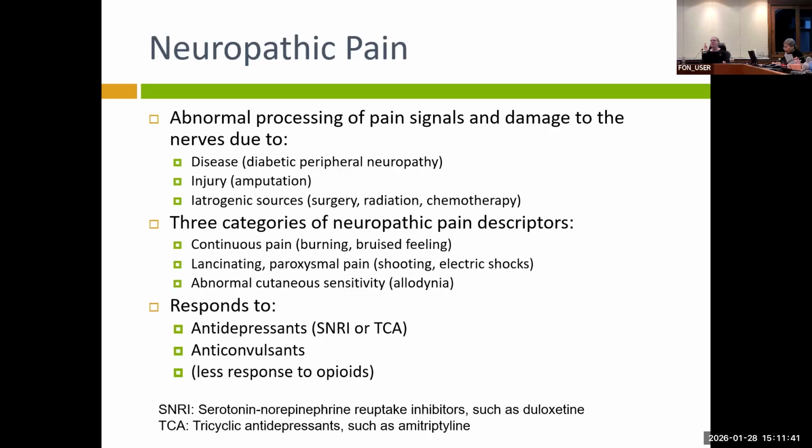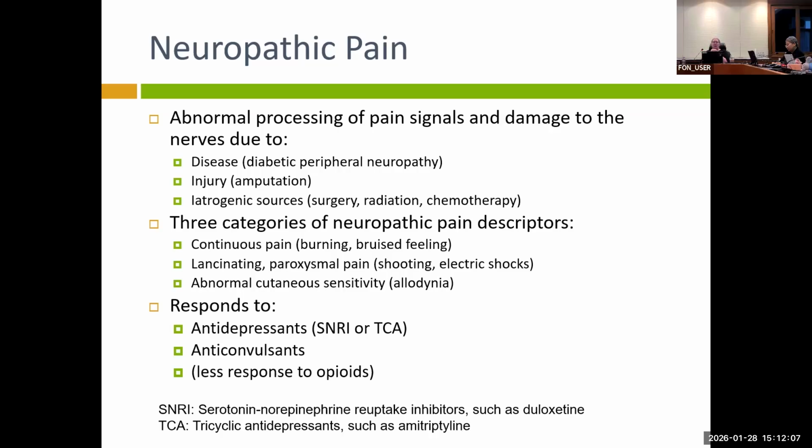Okay. There are 3 different categories of neuropathic pain. Number 1 is the continuous, which is like a continual burning feeling, or it almost feels bruised. The next one is shooting pain, okay?